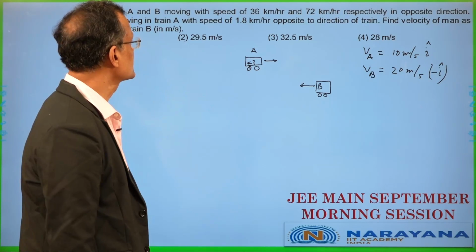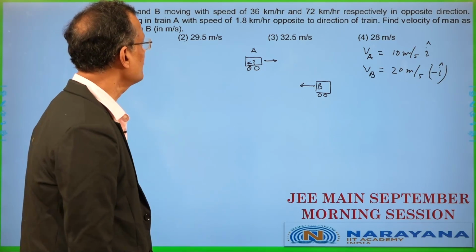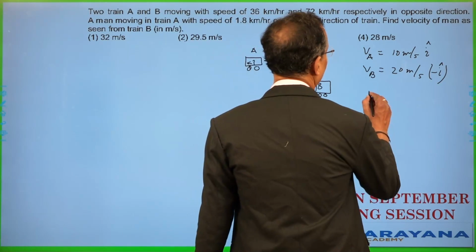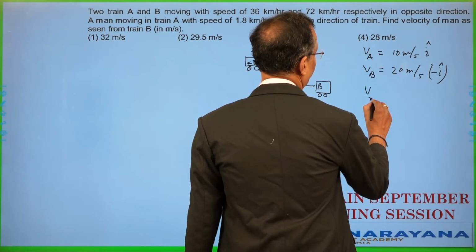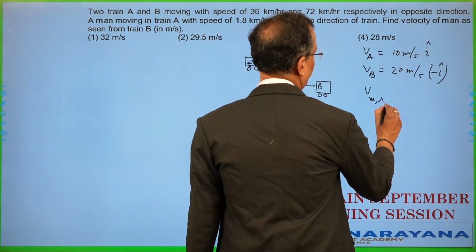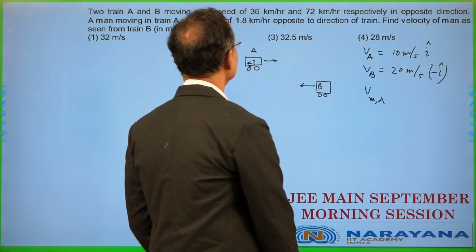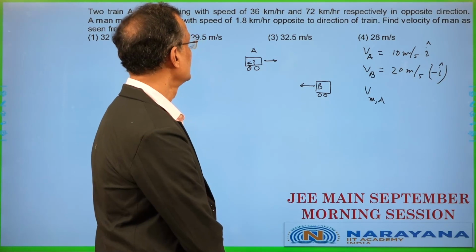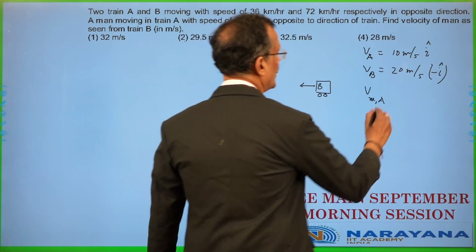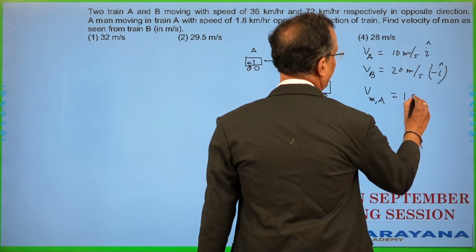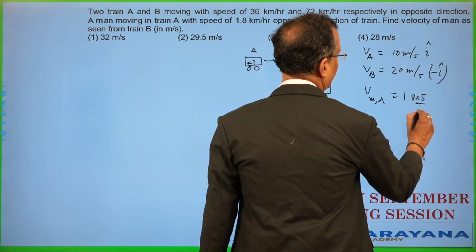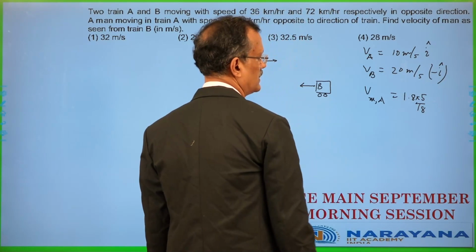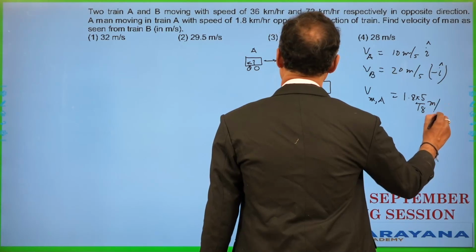Certainly it will be with respect to the train, because they are giving you 1.8 kilometer per hour, the velocity of man with respect to A. This is 1.8 into 5 by 18 meter per second.